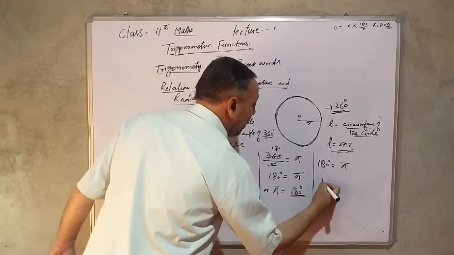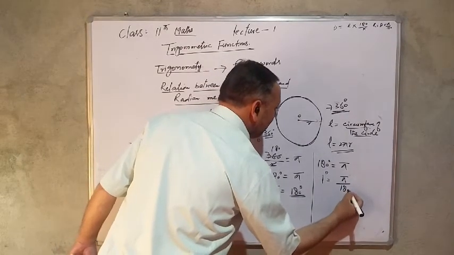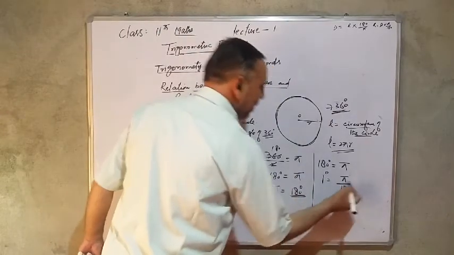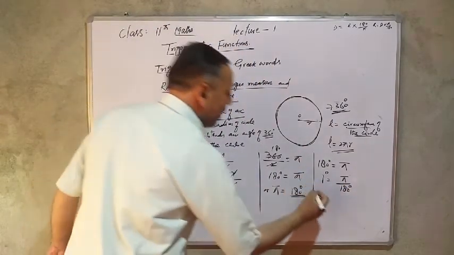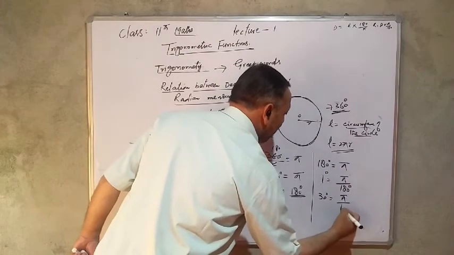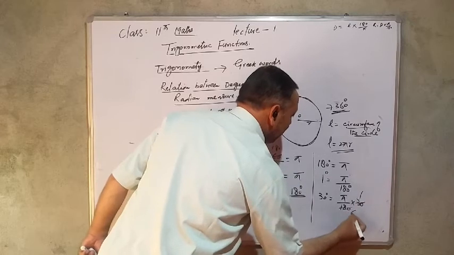Then 1 degree is equal to pi by 180. What about 30 degrees? 30 degree will be pi by 180 into 30. 3 ones are 3, 3 sixes are 18.